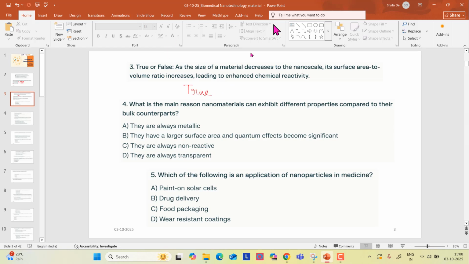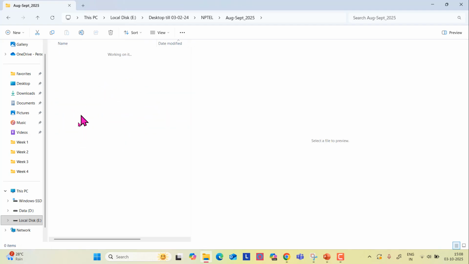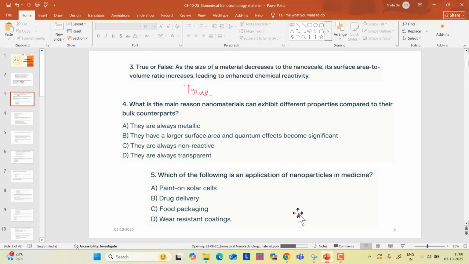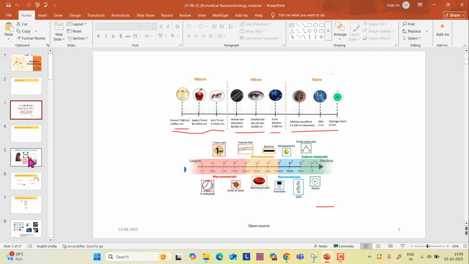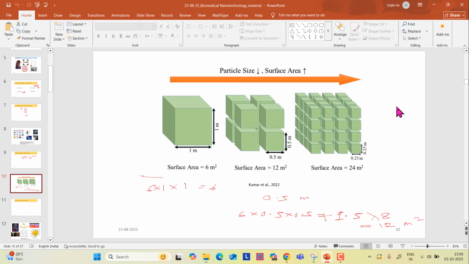So I will refer to the class materials I have gone through. You have seen this example of high surface to volume ratio, right? When the side of the cube is 1 meter, the surface area is 6 meter square.